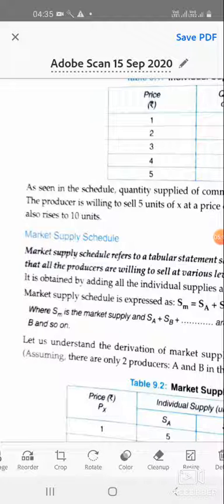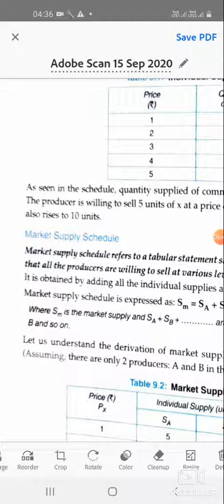Market supply schedule is derived by summation of individual supplies. Suppose there are four firms A, B, C, D. Supply of firm A plus supply of B plus supply of C plus supply of D all together makes the market supply.